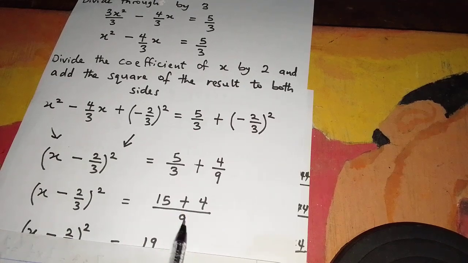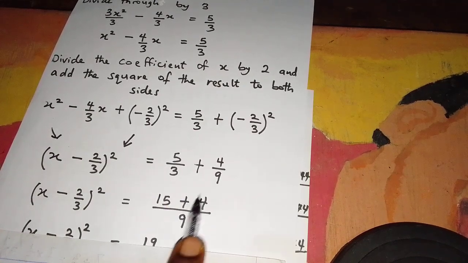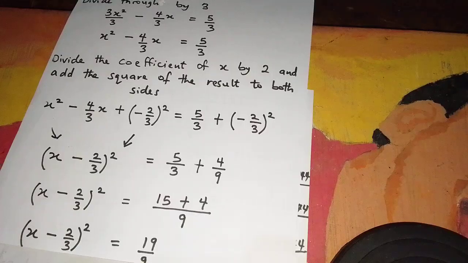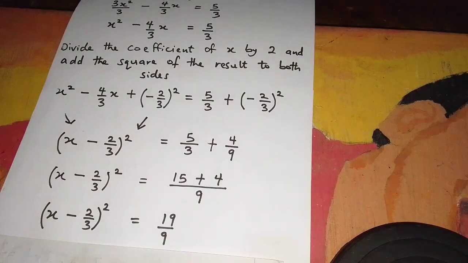So how many 3 are in 9? 3. 3 times 5 will give us 15, plus how many 9 are in 9? 1. 1 times 4 will give us 4. So that means you now have x minus 2 over 3 squared is equal to 15 plus 4, which is 19 over 9.